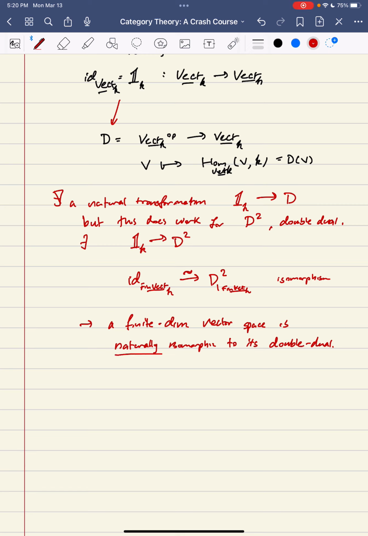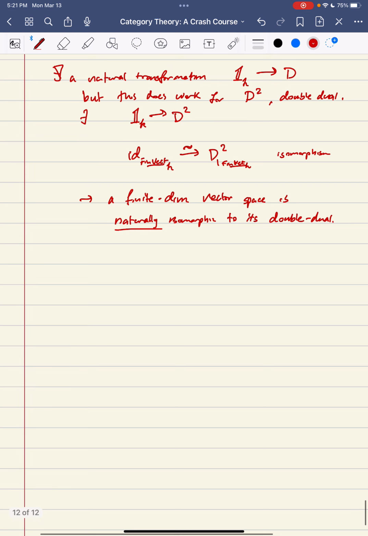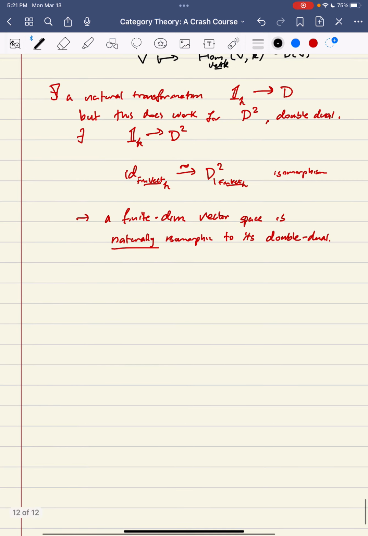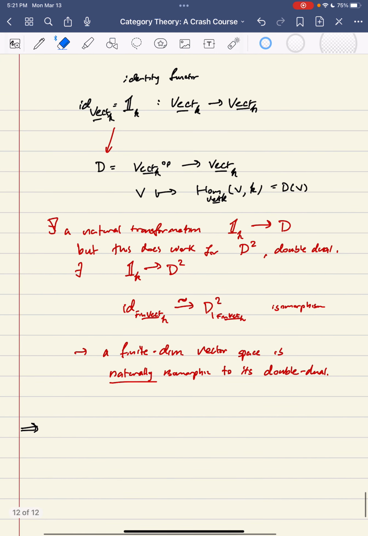This natural thing is like a God-given isomorphism here. You don't have to define it. We'll go into that a little bit more later on, not this class, but next time. Okay, so that was a little example for natural transformations, functors, and all this other stuff.